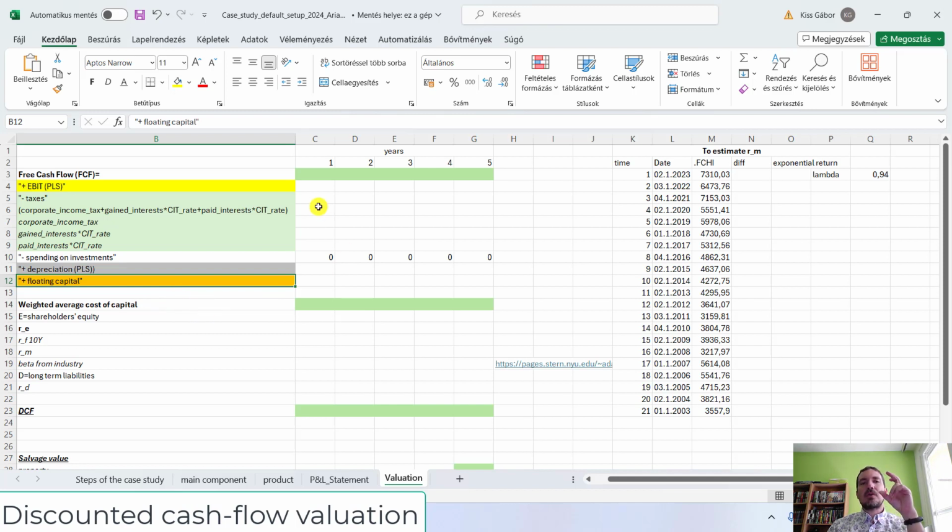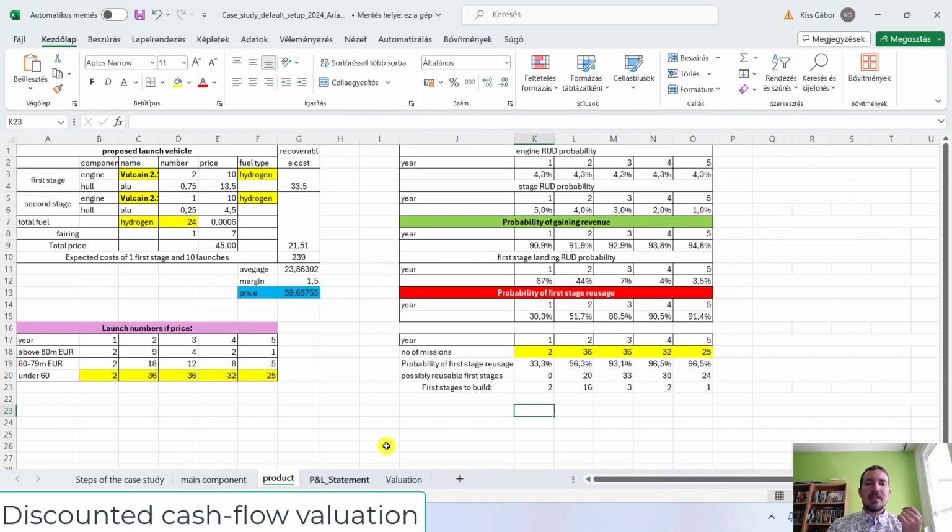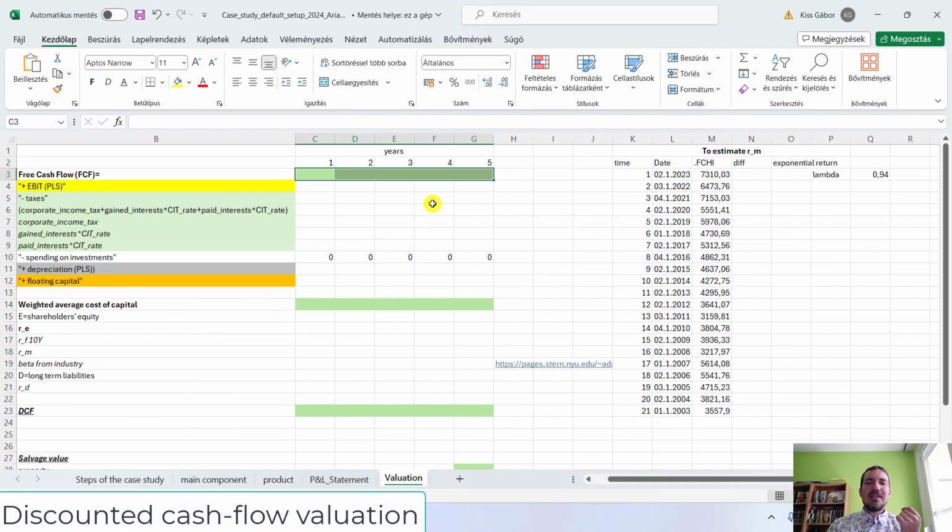Usually, if we are conservative, we look just 5 years ahead. From our business plan, we know what will happen with the company. From the business plan, we can see that in the next 5 years such an amount of money will be generated, but obviously we have to calculate its present value back to the current time.